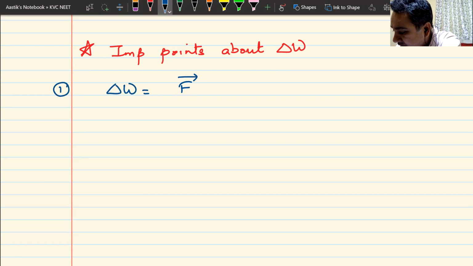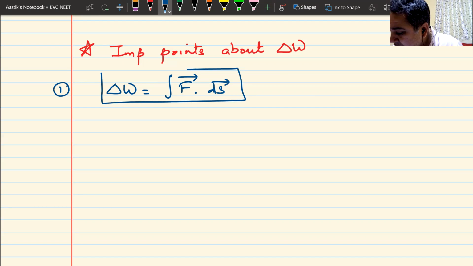Definition of work done, delta W, and I have still not told you what is delta. Why is delta used? I am going to tell you now. Work done is integral of F dot ds. We all know this.